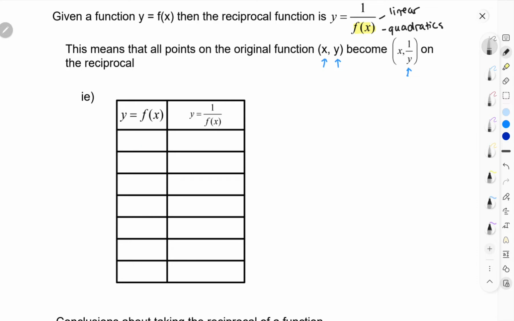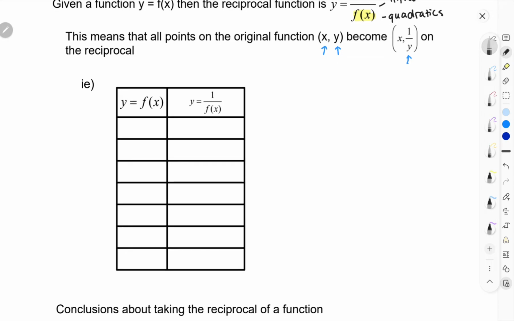So if I say x is some number, when I plug it into my function y, it'll spit out some number. Again, I don't have an equation here, but if I put in the number 1, my reciprocal is 1 over 1, which is just 1. If I put in 2, my reciprocal is 1 over 2, or 1/2. If I put in a negative, like -5, my reciprocal is -1/5.